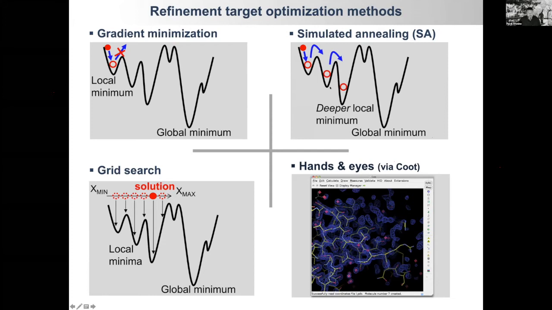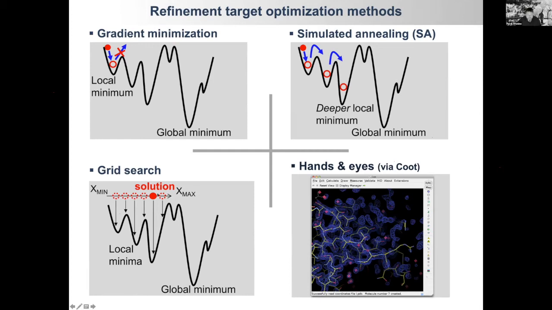And in some cases, when you have a few parameters to optimize, you can actually do the grid search. I'll explain that in a second. You can basically just sample the space and see if you can find the deepest minimum.